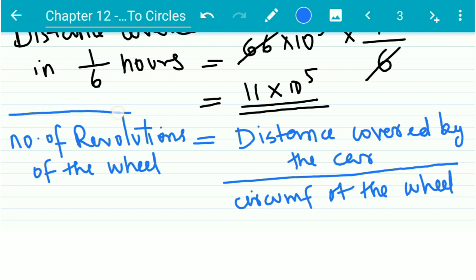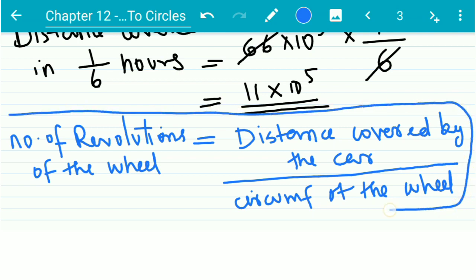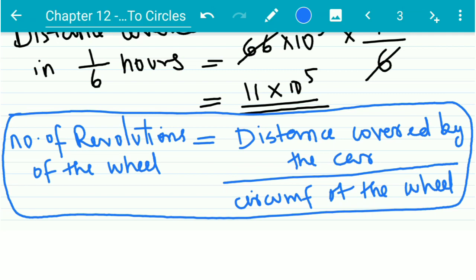This is an important formula. Number of revolutions is equal to distance covered by the car divided by circumference of the wheel.